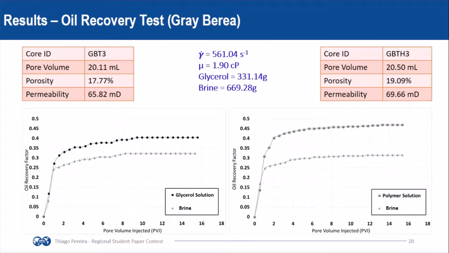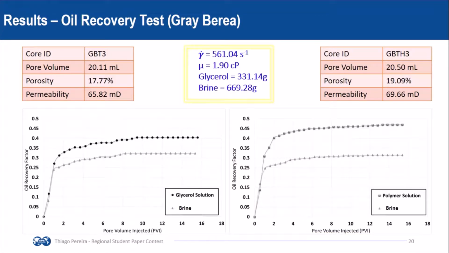So these are the results of oil recovery tests for gray Berea core samples. The graph on the left shows results of protocol number 1, and on the right, results of protocol number 2, both in terms of oil recovery factor as a function of injected pore volume.